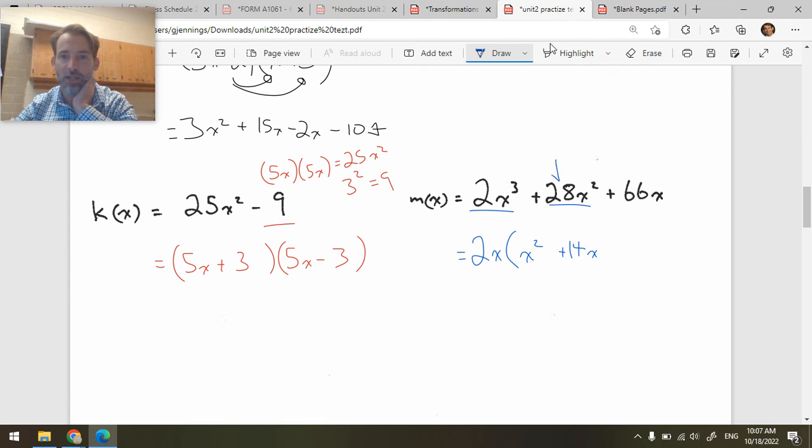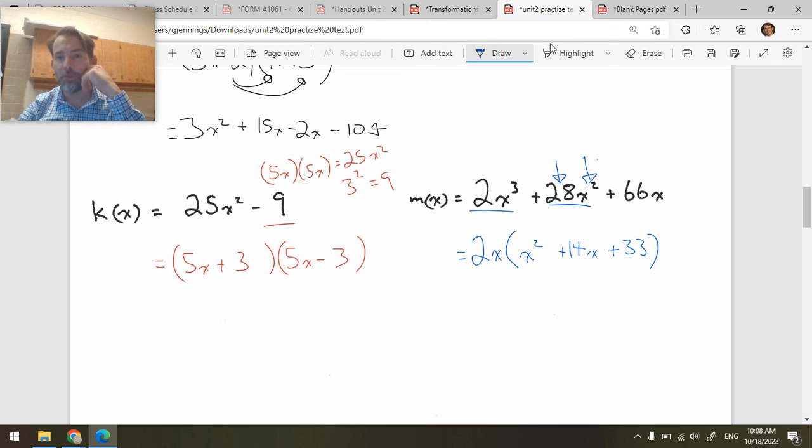Notice 2 times 14 is 28, and x times x is x squared. So I'm checking my work as I go. And then I divide 66x by 2x, and that's plus 33. Done. 2x times 33 is 66x. Okay, so it checks out with distributive property.